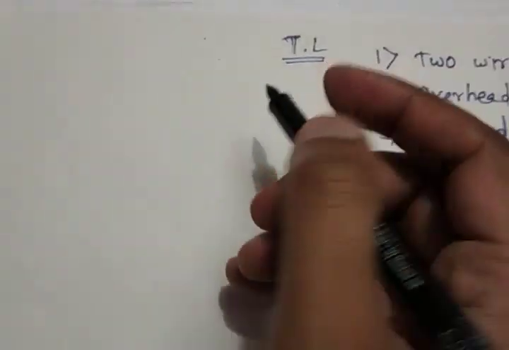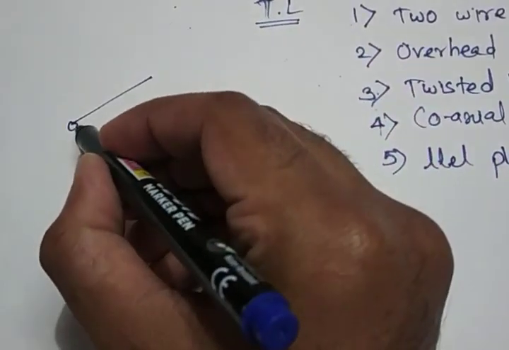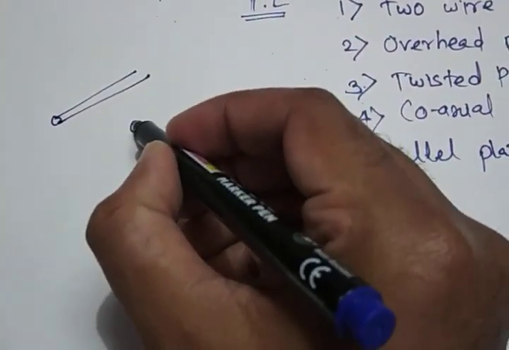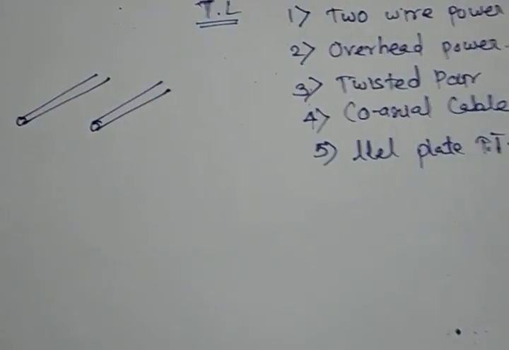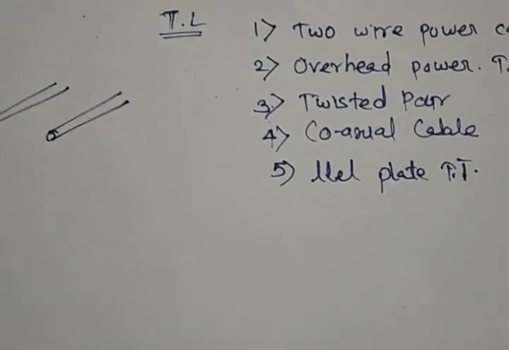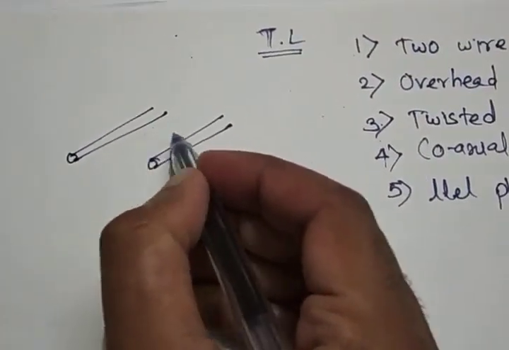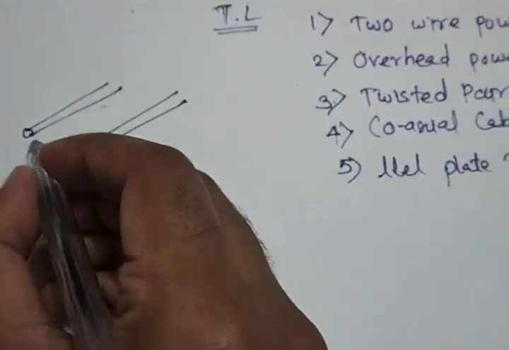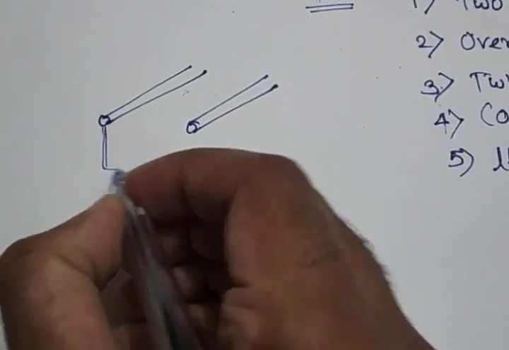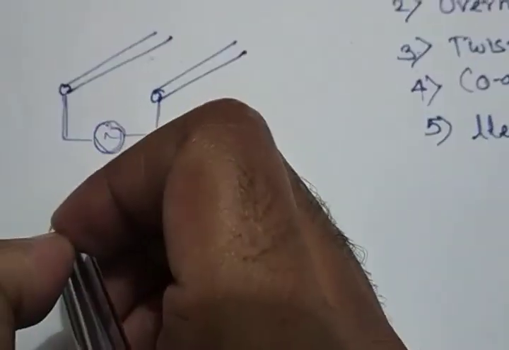We can have 2 conductors separated by some insulator, or the spatial gap between them, the air medium, can also be considered as the insulator, and these 2 will be connected with some sort of source with each other.